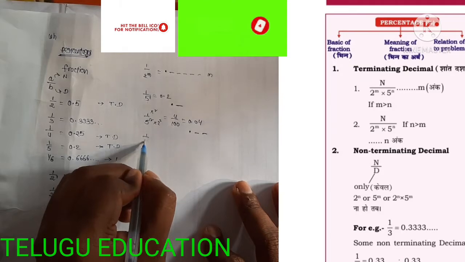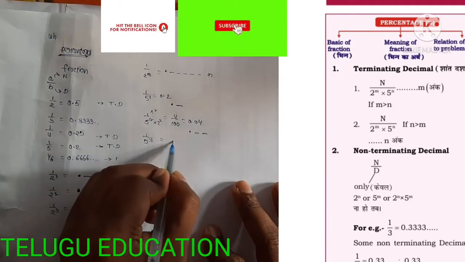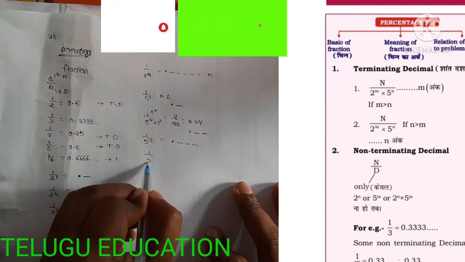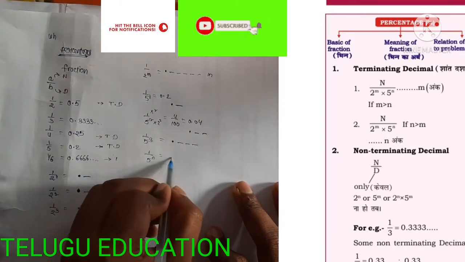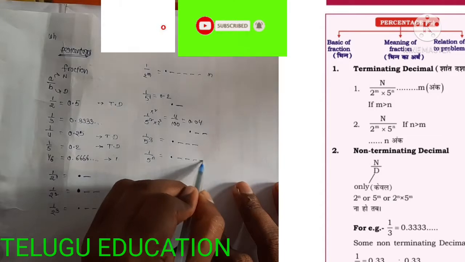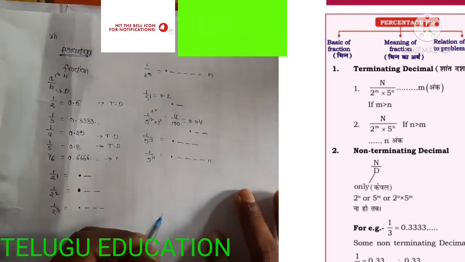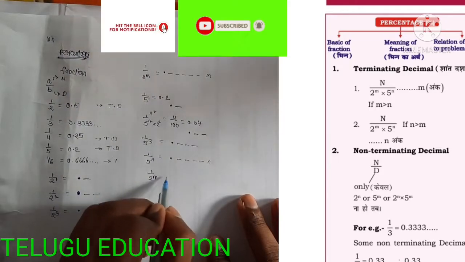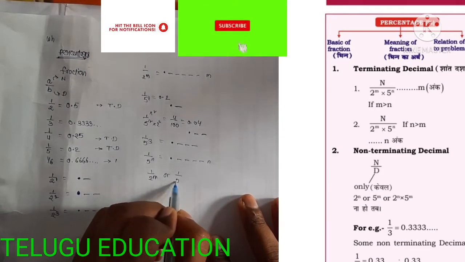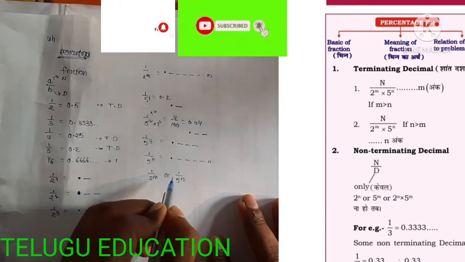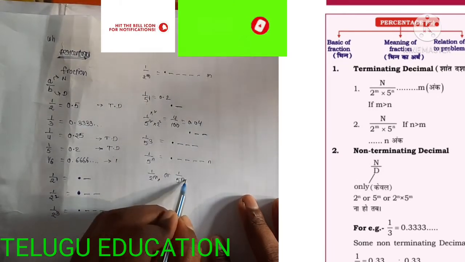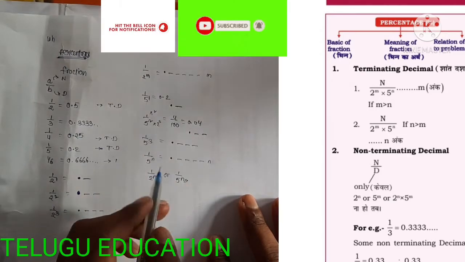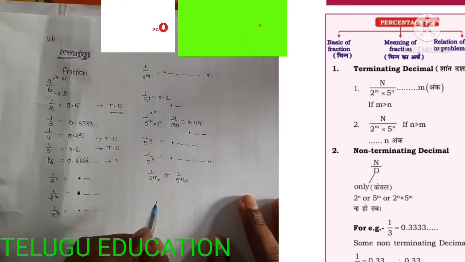For 5 cube, after a decimal point you have to get 3 digits. So 1 by 5 power n: after a decimal point you have to get n digits. So a number of the form 1 by 2 power m or 1 by 5 power n, where m and n are any numbers, is a terminating decimal.